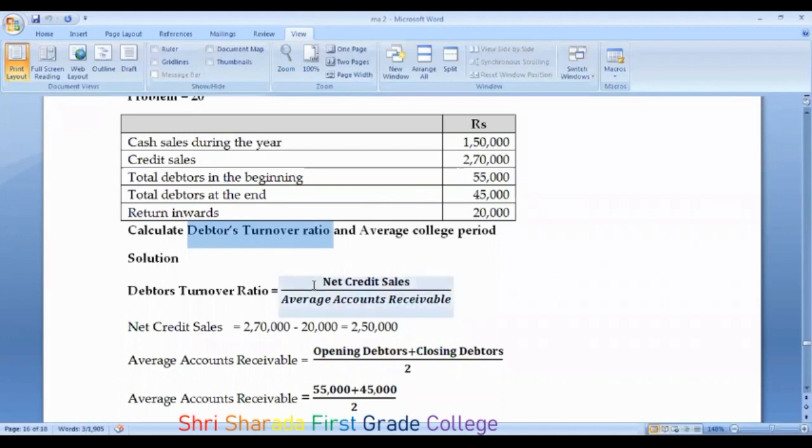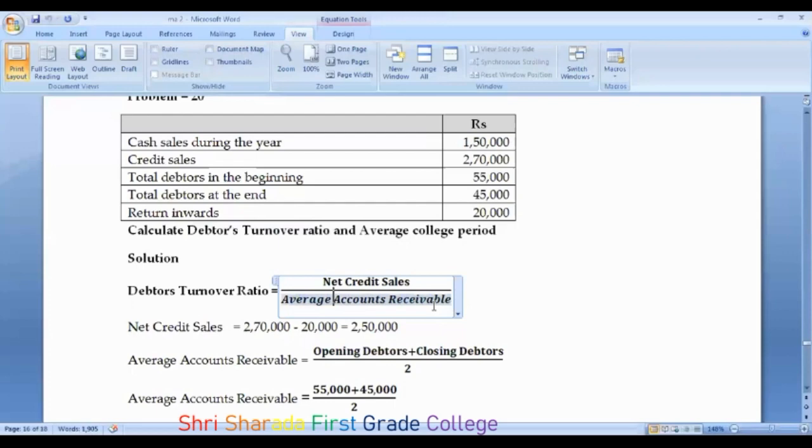Okay. And you will compute along with that the average accounts receivable. Average accounts receivable is very easy. They'll be giving you the debtors. So what is accounts receivable? Accounts receivable is also called the bills receivable. In a general meaning, it is also sometimes called the debtors. Clear? Sometimes bills receivable in the beginning and bills receivable at the end will be given.